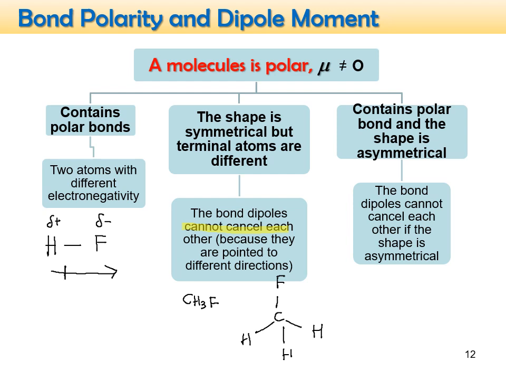It's between carbon and this hydrogen. For this bond, the dipole moment is pointing towards carbon. Why? If you compare hydrogen and carbon, hydrogen is more partially positive.